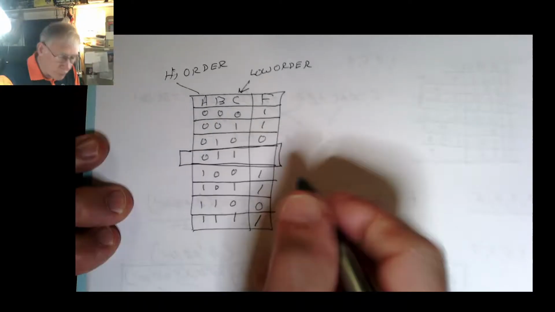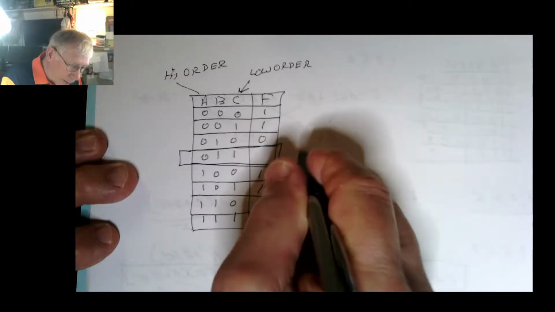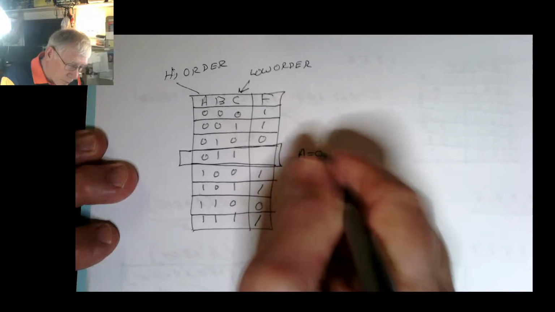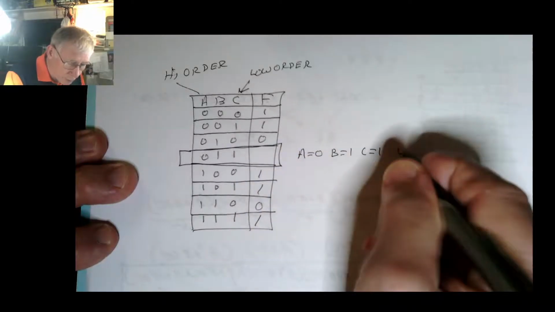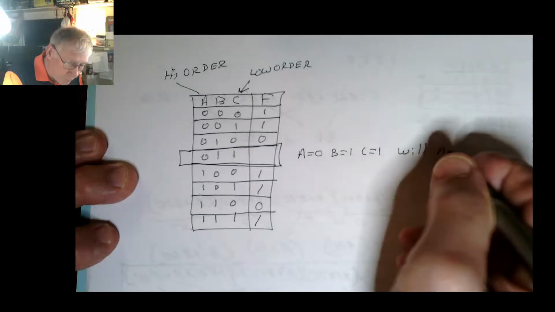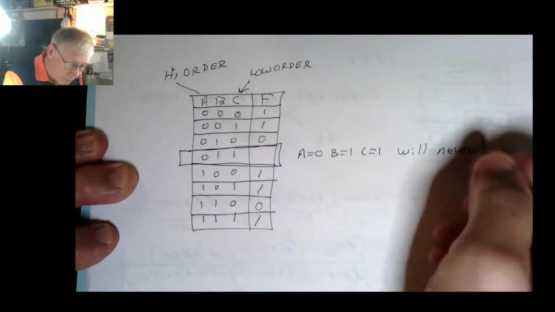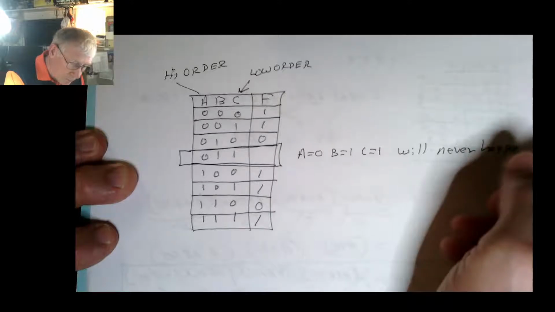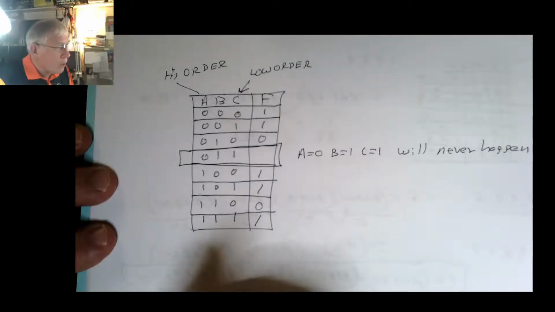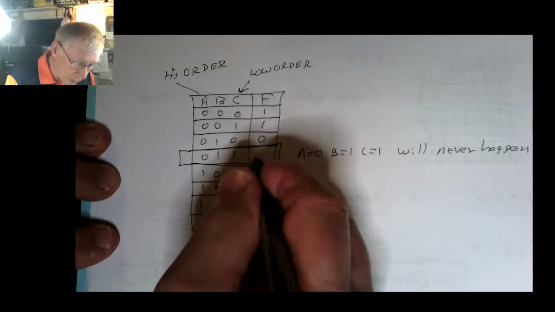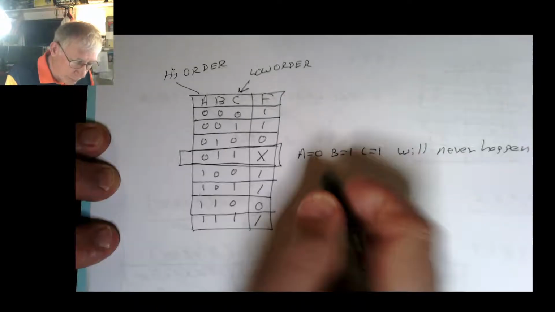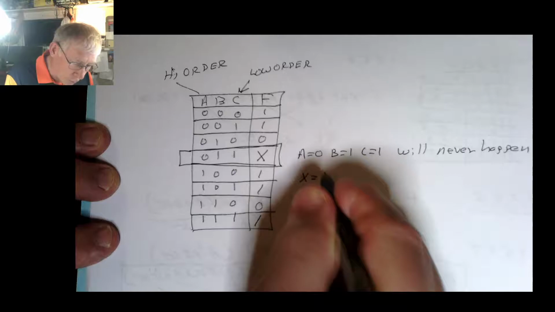Our customer tells us that A equals 0, B equals 1, and C equals 1 will never happen. Okay? When the customer tells us this is never going to happen, we can put an X here, and that X equals don't care.